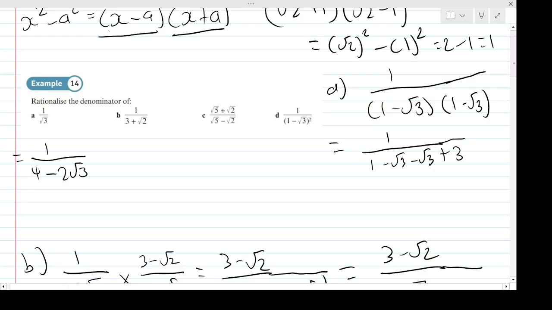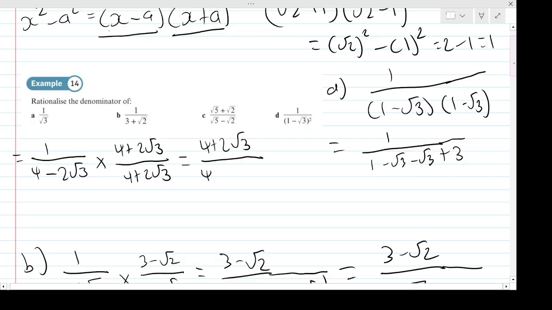And okay, then here we should be able to recognize again that if we take the conjugate, so we just take the positive version, we're going to times by 4 plus 2 root 3. Okay, and so then the top part is going to be 4 plus 2 root 3. And then on the bottom, again, it's a difference of 2 squares, so I'm going to do 4 squared.